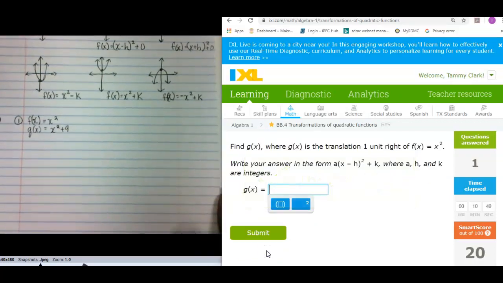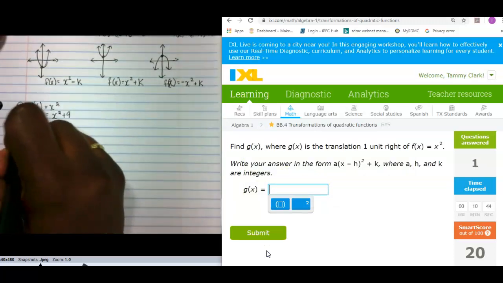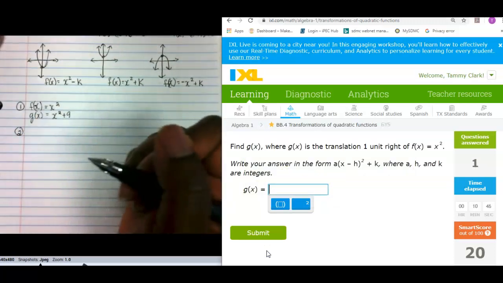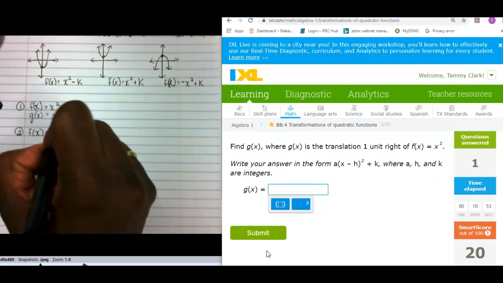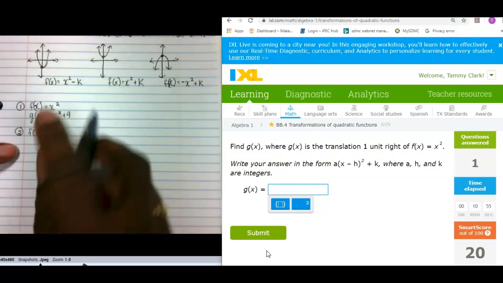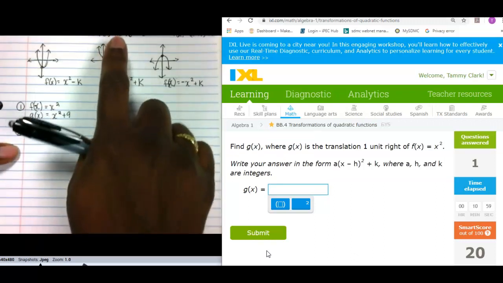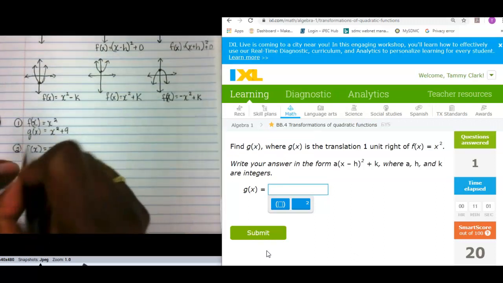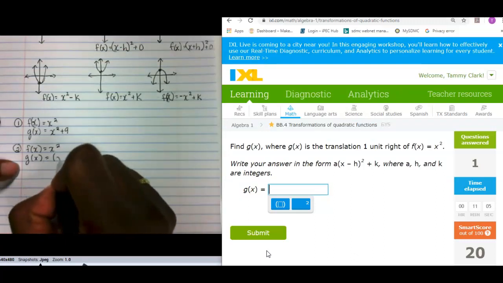Our next question says, find g of x, where g of x is a translation 1 unit right of f of x equals x squared. So I've got my parent function. Now, when there is a movement left or right, remember that's inside the parentheses. So my g of x function is now x.